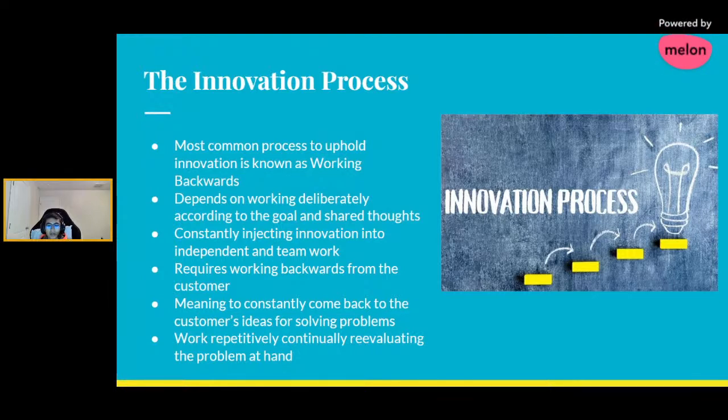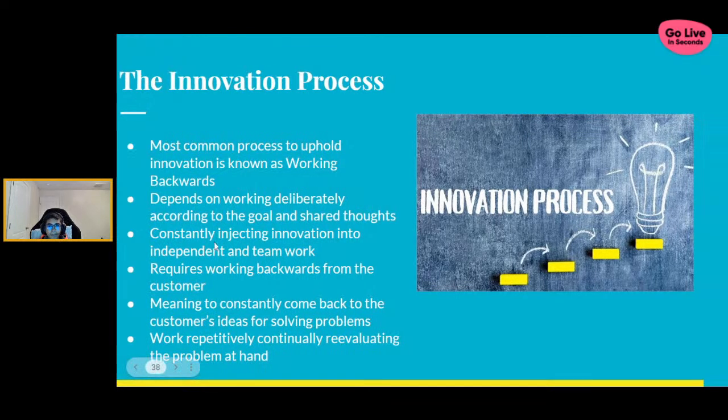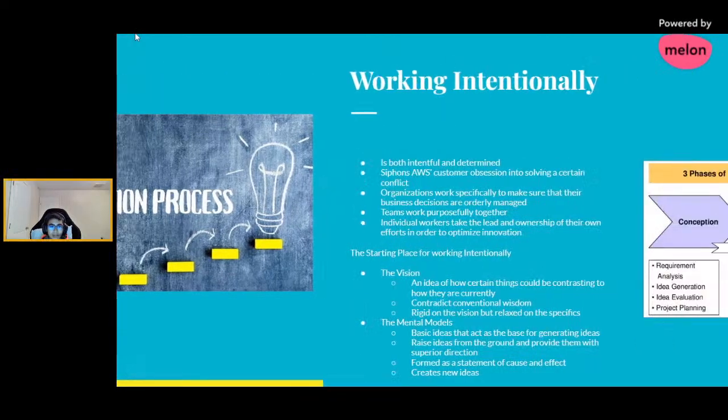You do this by constantly coming back to the customer's ideas for solving certain problems, and you have to work repetitively and continually reevaluate the problem at hand, which is why, as stated before, the innovation process is reiterative.